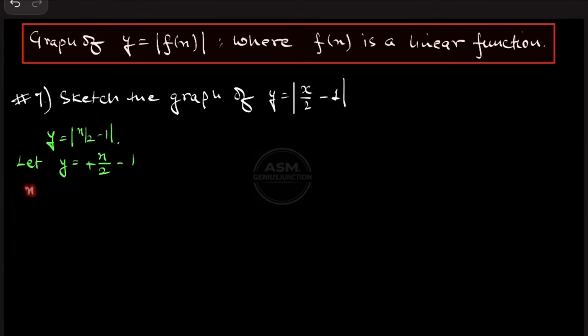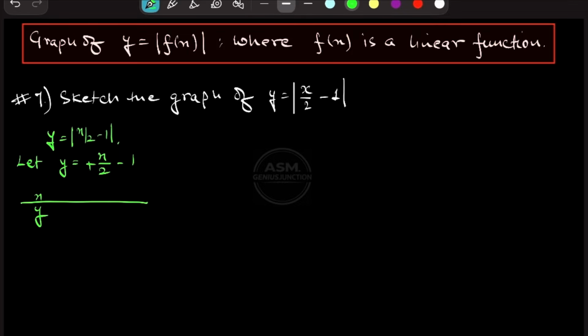So I will make a small table of it. Let's make x and y. Let's take the values. When I put x equals 0, I get y equals minus 1. When I put y equals 0, I get x equals 2.